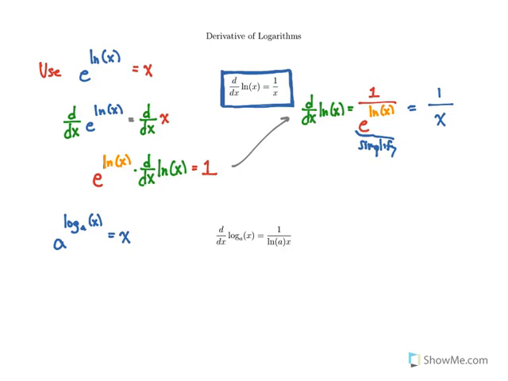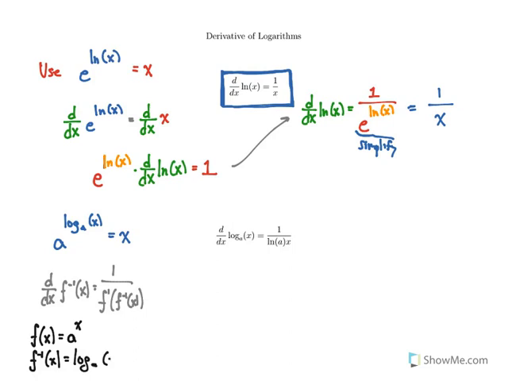In this case, let's use the formula that the derivative of the inverse is 1 over f prime of the inverse. So to use this formula, we need to know that the function that we're thinking about here is a to the x, and the inverse is log base a of x.